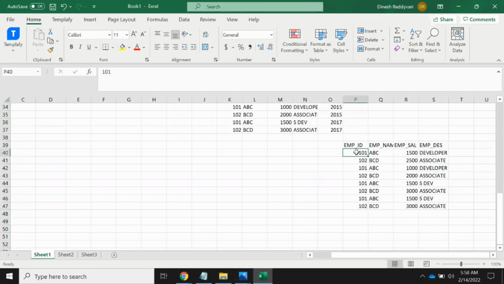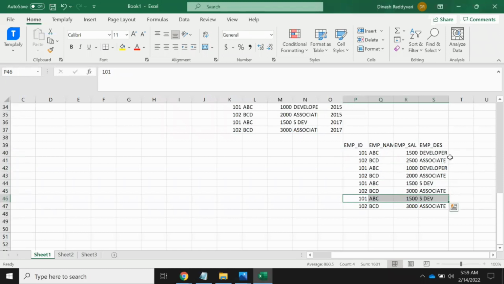The same employee ID we have, with developer and 1500. Again the same employee ID. If you take only 101, see 101 here, 101 here, again 101, again 101. Can you understand which one is the first and which one is the next? We cannot.